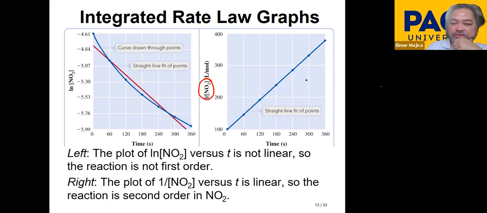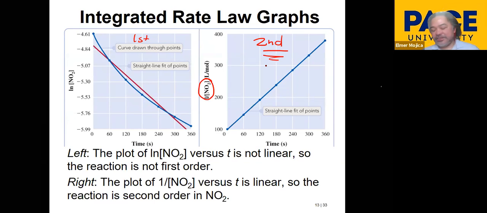So between the two, the second order is much preferred over the first order. That means the reaction follows the second order. Is that clear? Can you assure me at least 3 points in the exam?